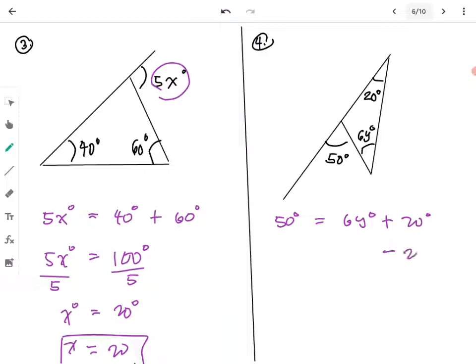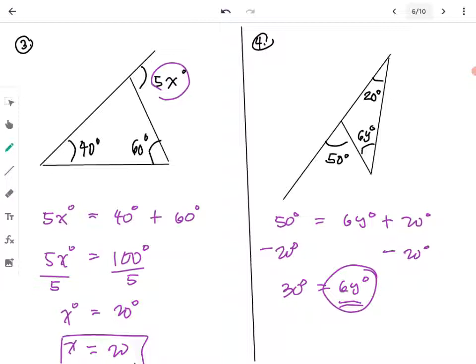Subtracting both sides by 20, we have 30 degrees equals 6y. Or simply use the idea that 6 times y equals 30. 6 times something gives us 30.